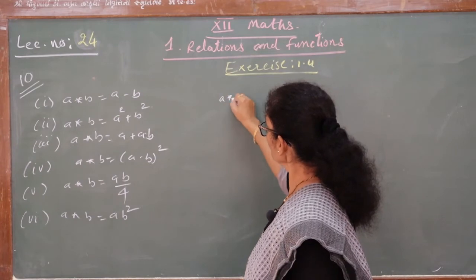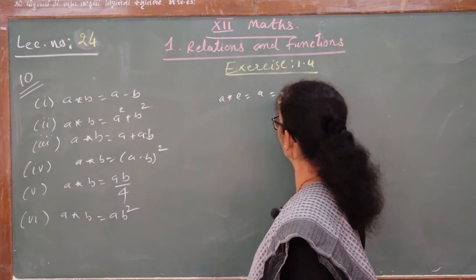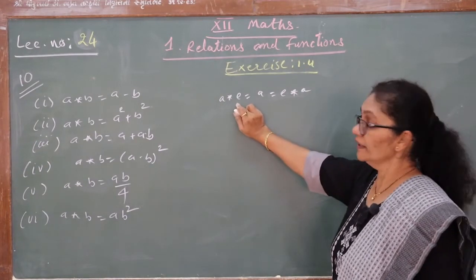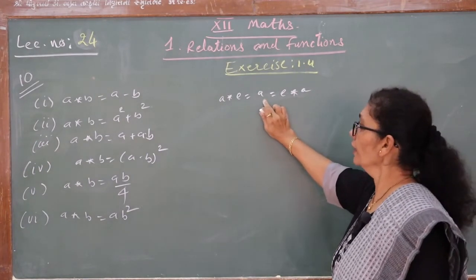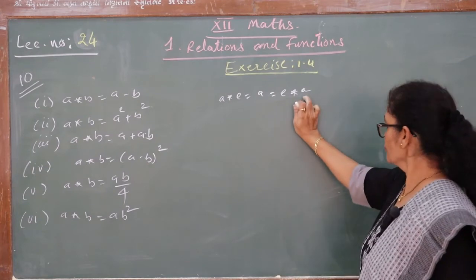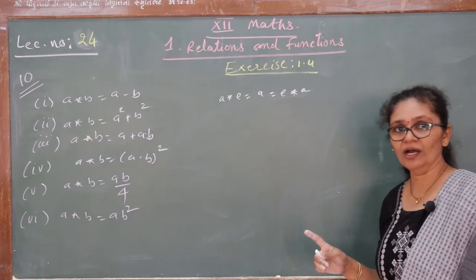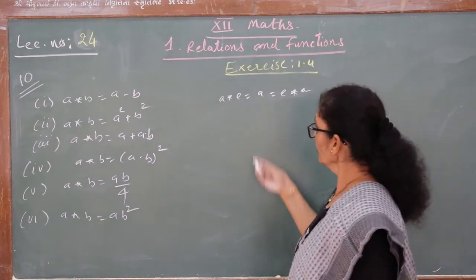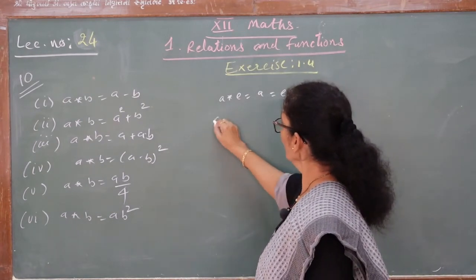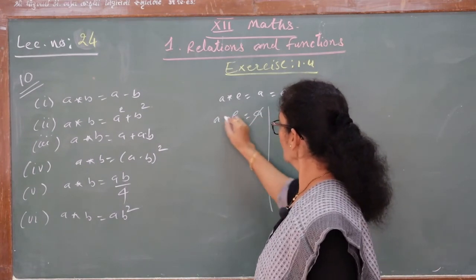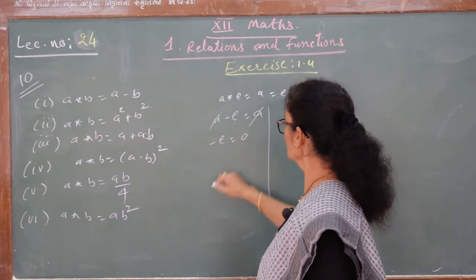What is the definition of identity element? If you combine a with the identity element and you get a only, and e * a also gives a, both ways you get a, then you can say e is the identity element. So now we check for the first one: a minus e equal to a, a cancels, minus e equal to 0.